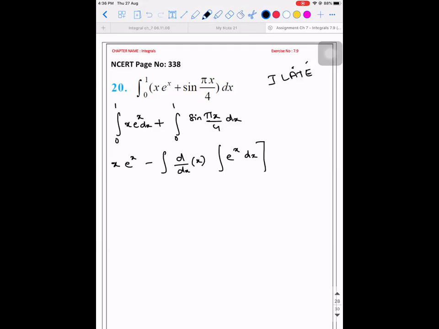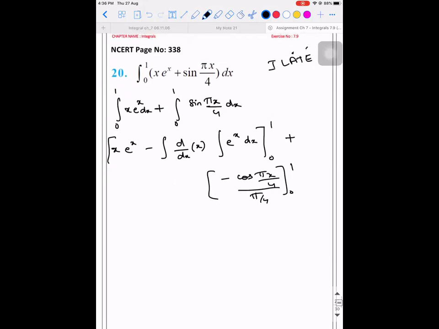This is between what values? 0 to 1. Plus what is the integral of sin pi x by 4, guys? By pi by 4. Okay.